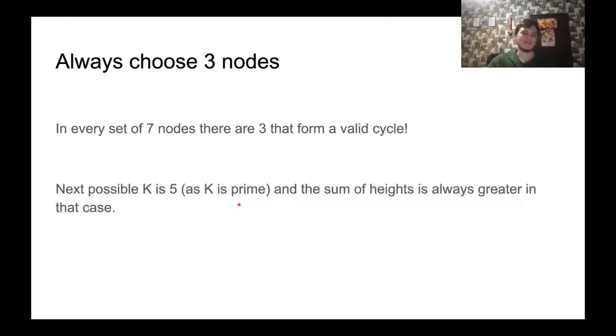This is the way we prove that it's always optimal to choose 3 nodes, because for all other constructions, the smallest k is 5, and for 5, the lower bound is actually greater than the upper bound we can get from 3 nodes.